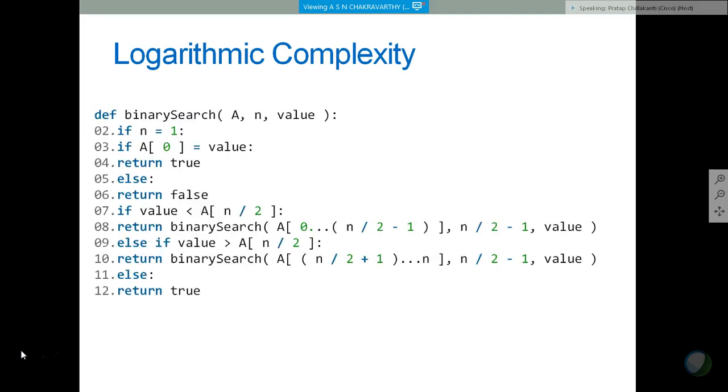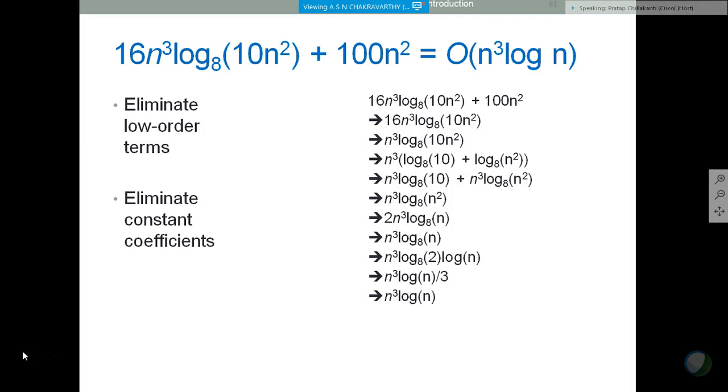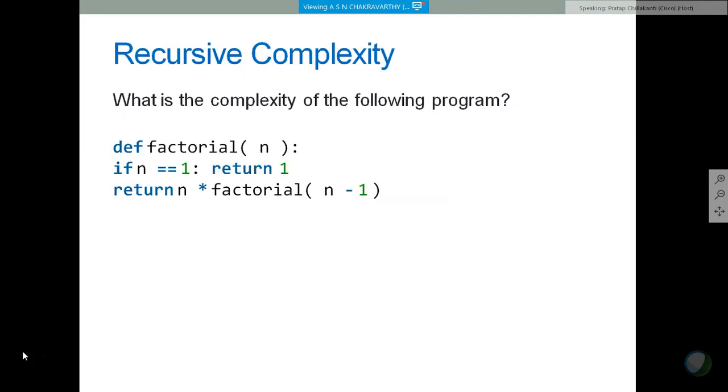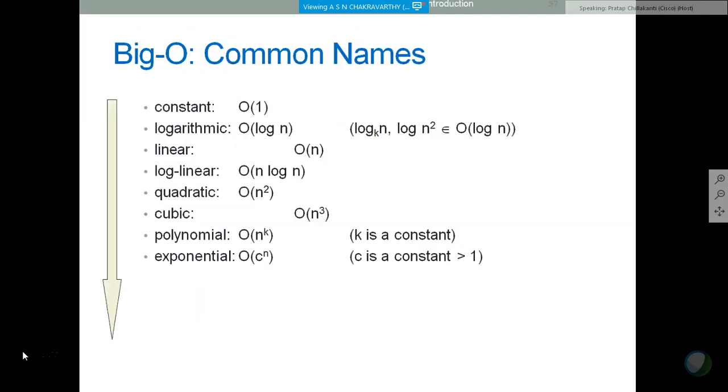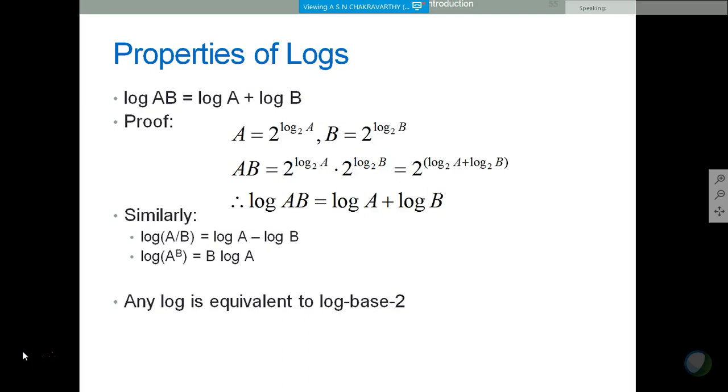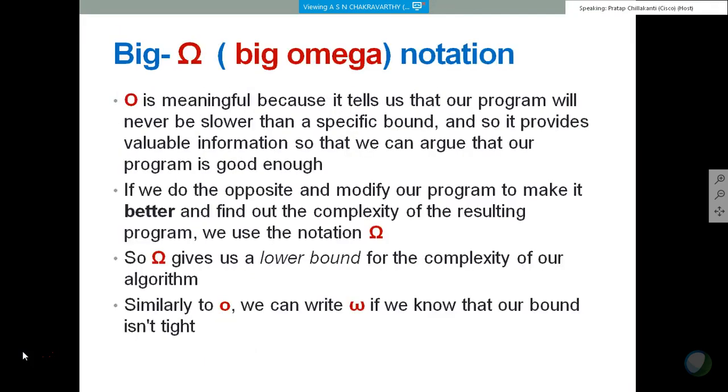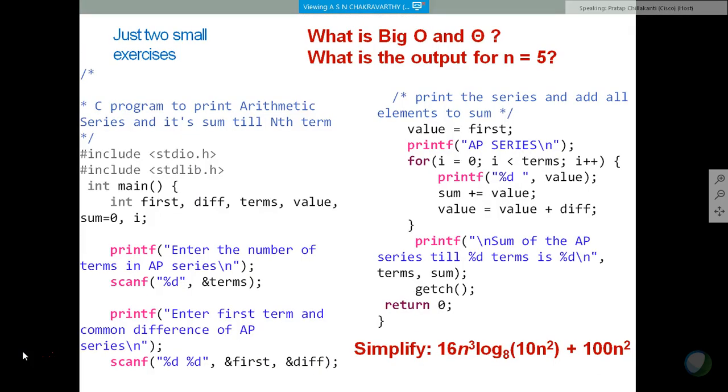Go back a couple of slides. Yeah, so that algorithm that you see, binary search, forward. You went a lot of slides back. No, you went back as opposed to forward, the binary search algorithm.